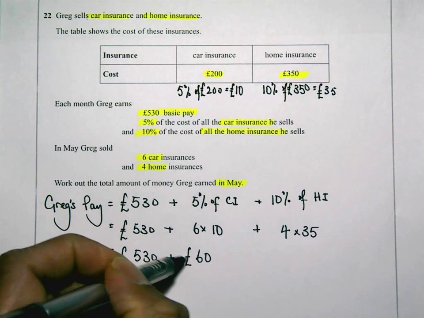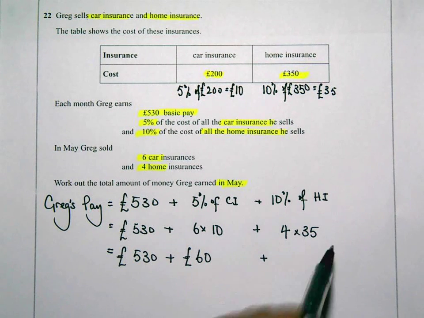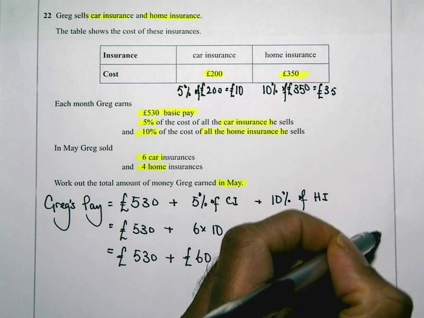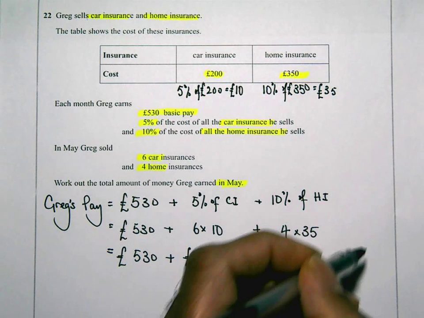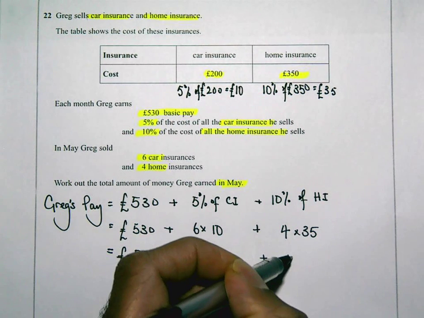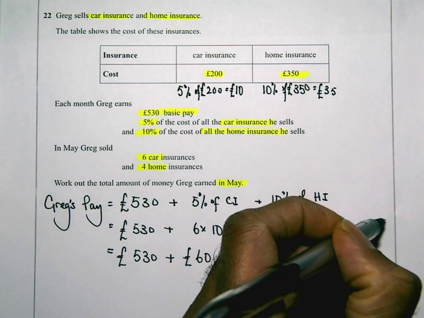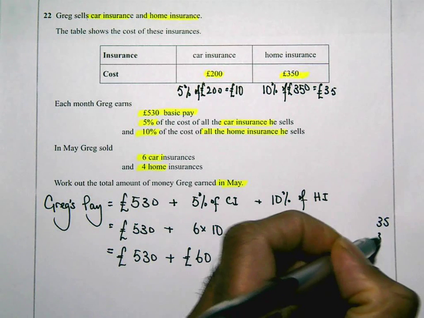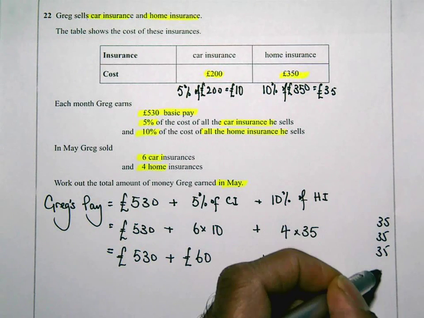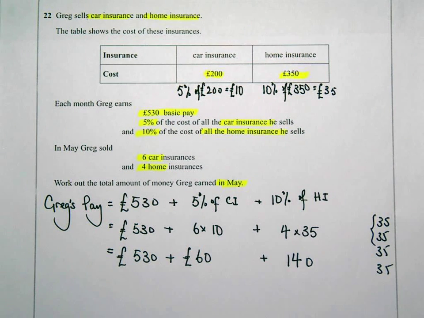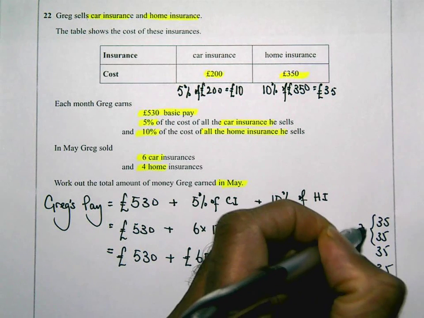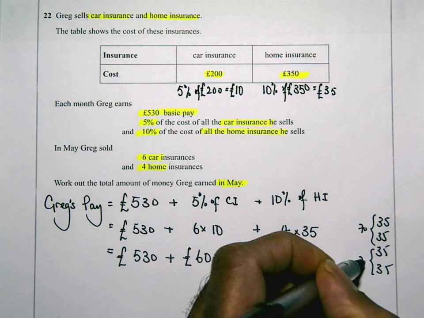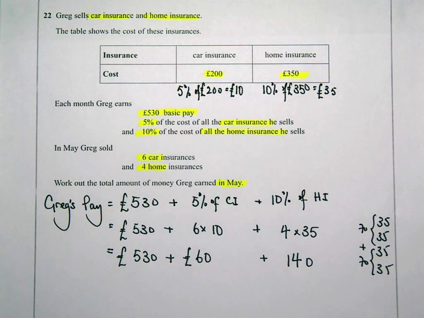and 4 lots of 35, so 35 and 35 is 70, and then 2 lots of 70, 140. You could go off to a side and do 35, 35, 35, and 35. As I said, those two make 70, those two make 70, and 70 add 70 is 140.